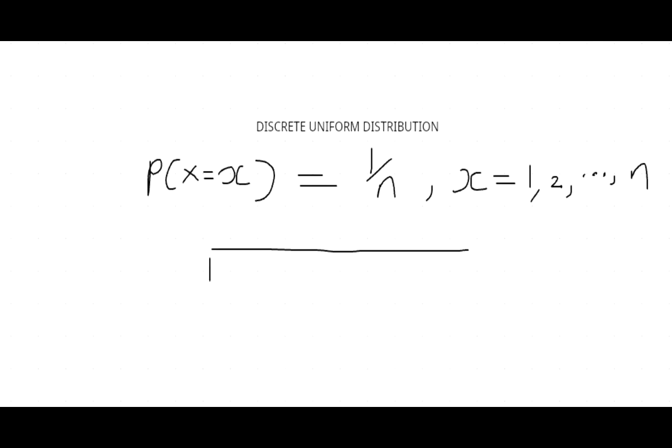Now, if we divide this boundary into, perhaps, 4 equal parts, 1, 2, 3, 4. Yeah, so let's have it this way.